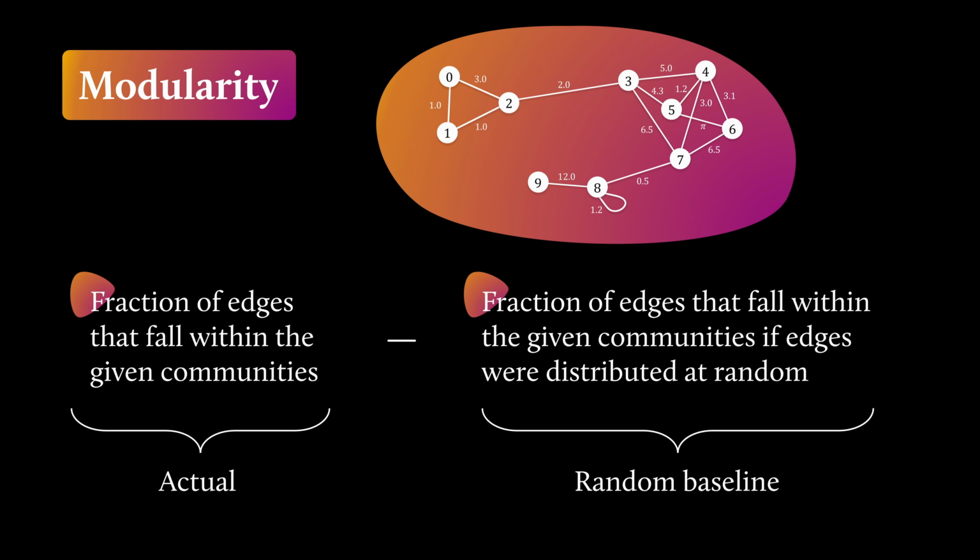Also note what happens when every node is in the same community. That was what we got when maximizing just the left term. But now, with such an assignment, the right term really punishes us. If there's just this one community, then we expect 100% of edges to lie within it. That's the random baseline.